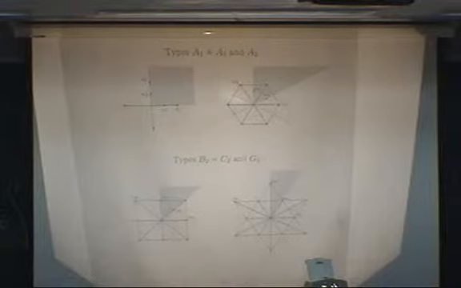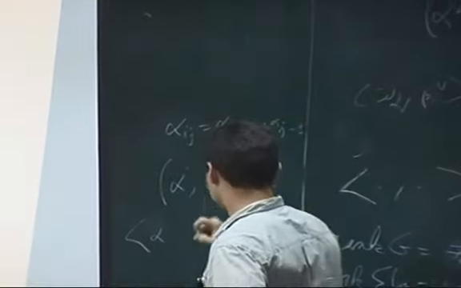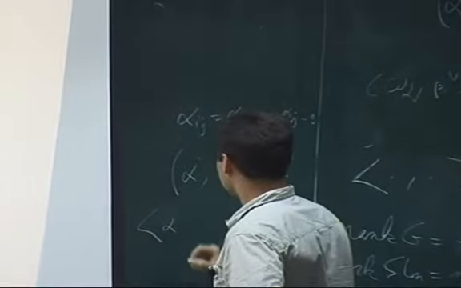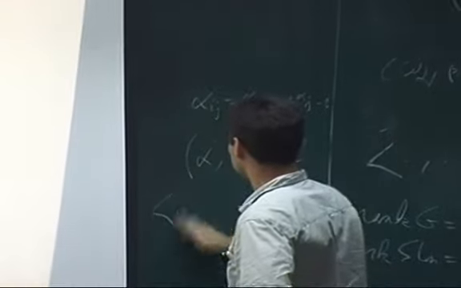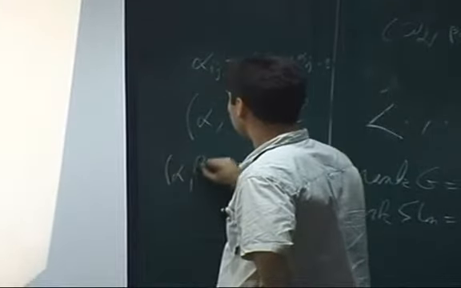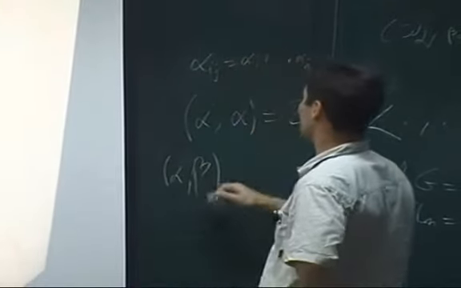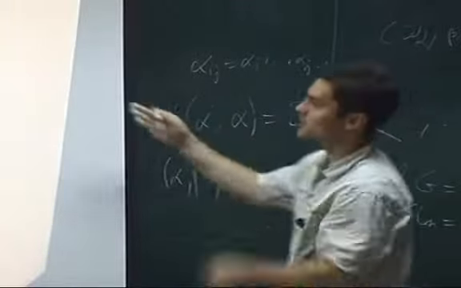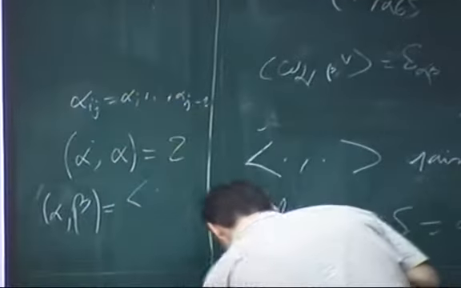And then we will have a formula which says that alpha, beta, so this is the scalar product on R2, the canonical scalar product, and we have a formula like this. I don't remember.